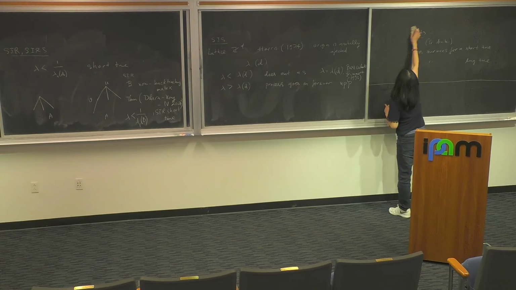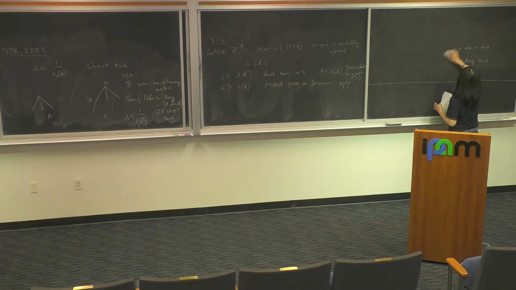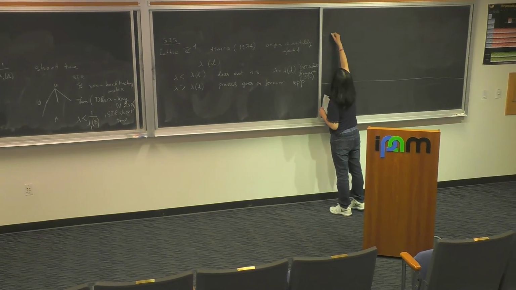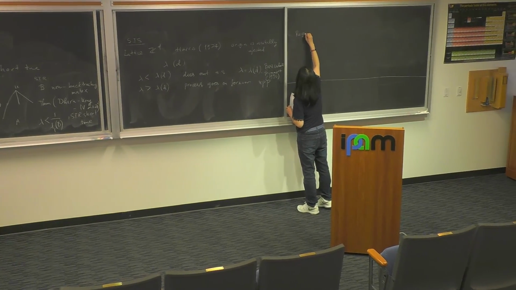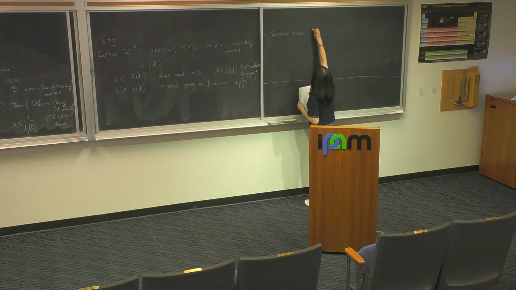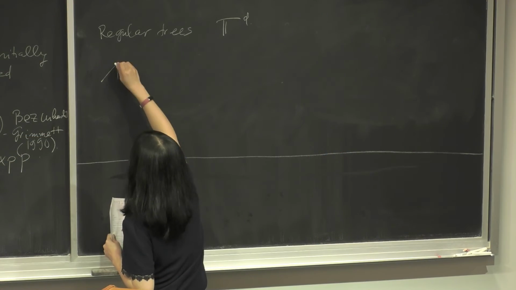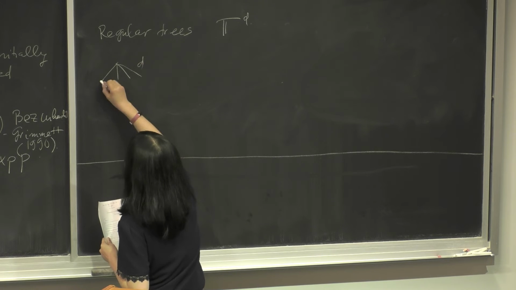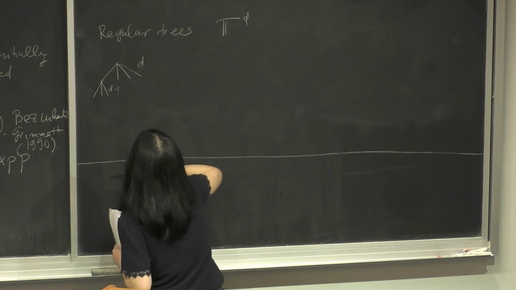The next natural kind of structured graph is regular trees. So for regular trees T_d, meaning everybody has degree d. So this one has d neighbors, this guy has d minus 1.